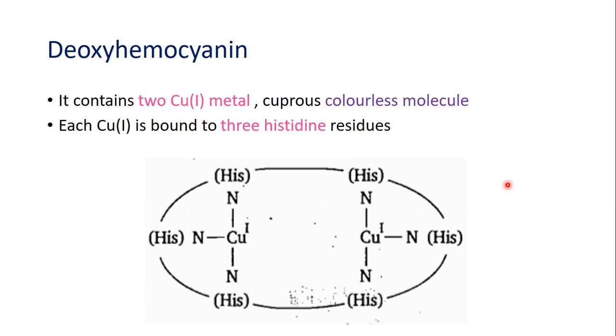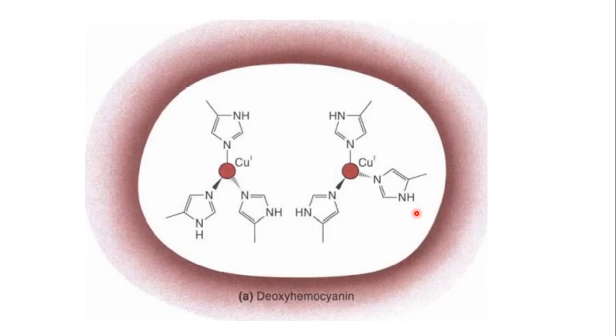Coming to the deoxy form, in the deoxy form the 2 copper are in their +1 oxidation state, and each copper is surrounded by 3 histidine groups, as you can see, and this overall structure gives a colorless molecule. And see, this is the zoomed-in look of deoxyhemocyanin.